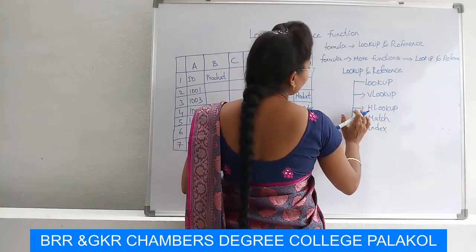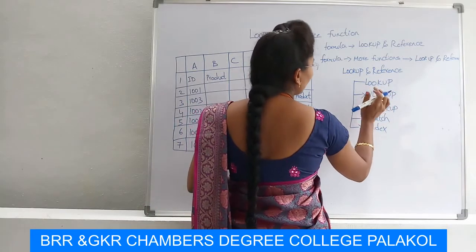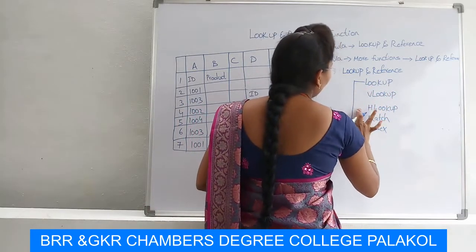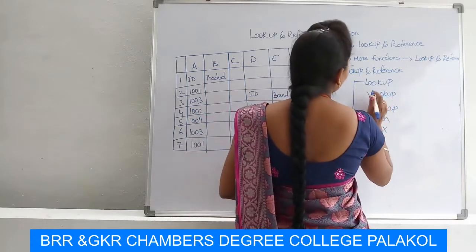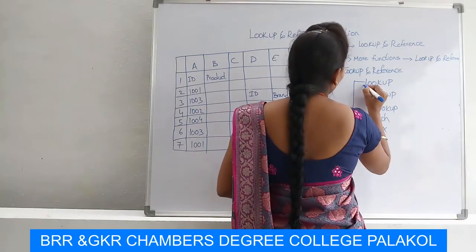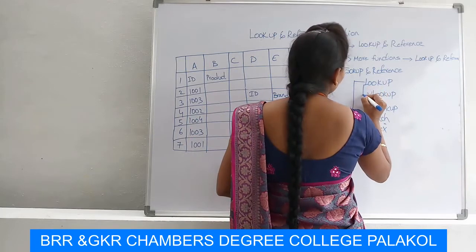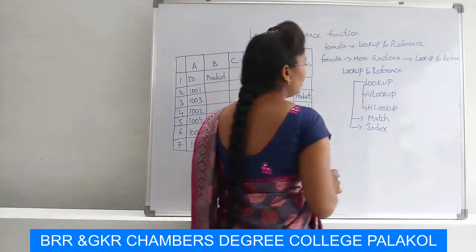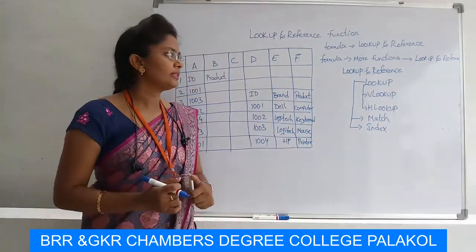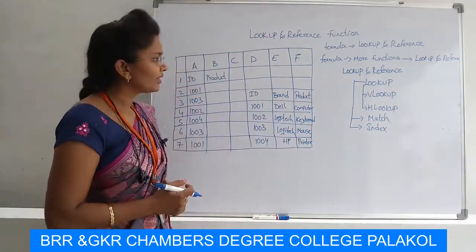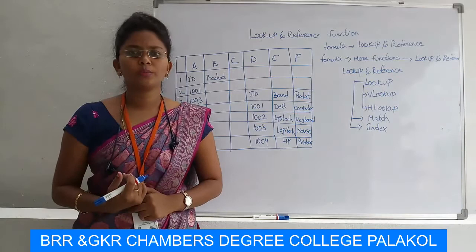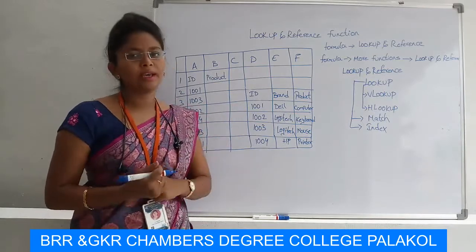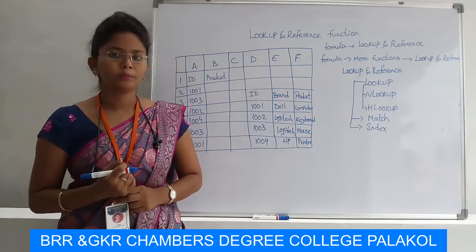That means in lookup, VLOOKUP function and HLOOKUP function. First one is VLOOKUP and second one is HLOOKUP. VLOOKUP means vertical lookup and the H is horizontal lookup.